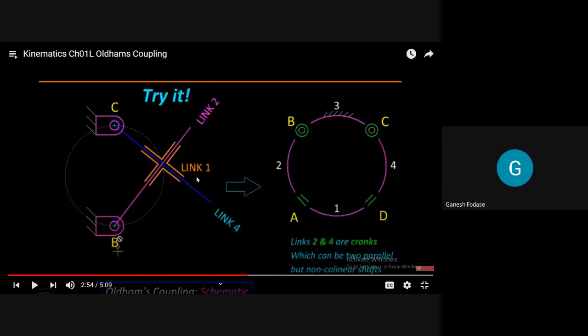This is not the Oldham coupling. This is just a schematic diagram representing the double slider, when link number 3, you can say this link BC, is fixed.